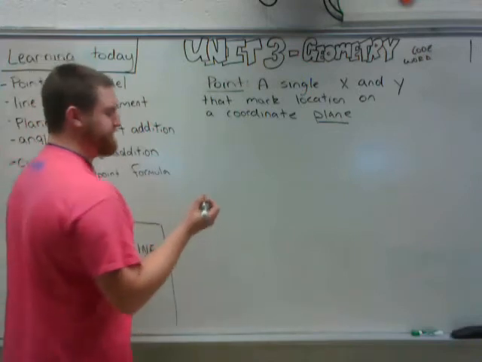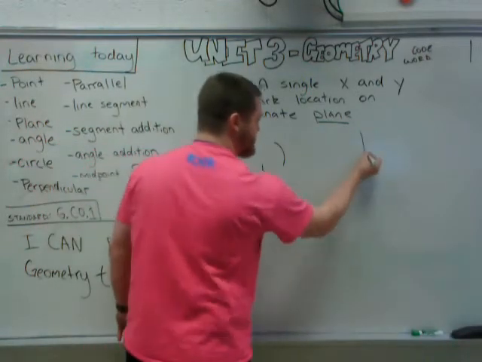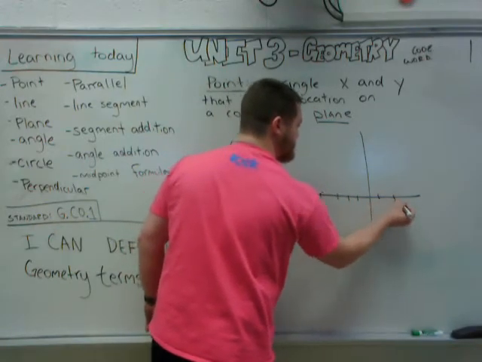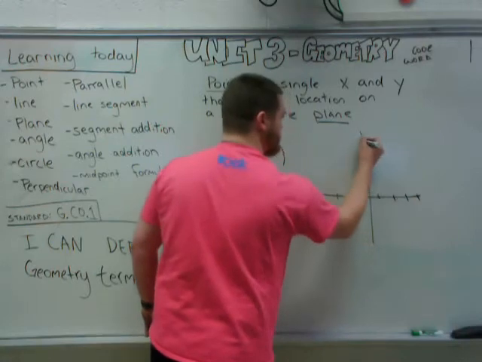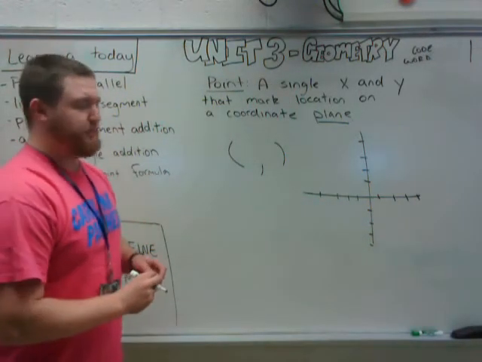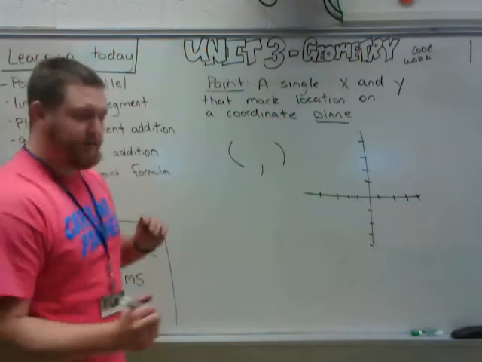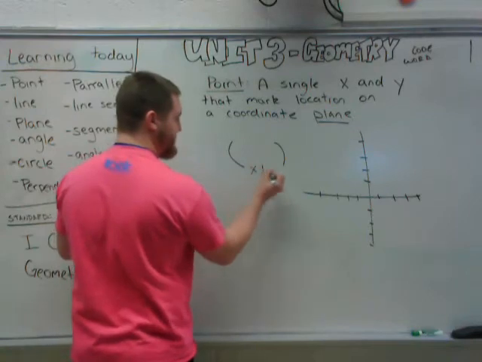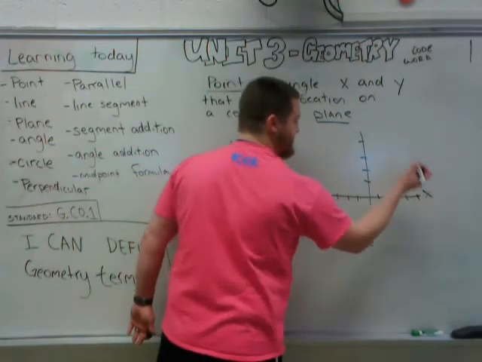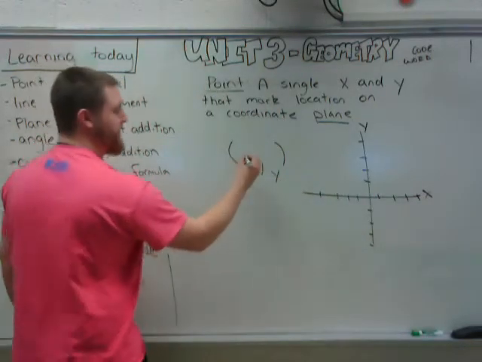So let's get an example. Okay, so just like in the alphabet, X comes before Y, so does it come on our point. So it goes X and then Y. And of course this is our X-axis and our Y-axis. And let's say we have the point (3, 4).